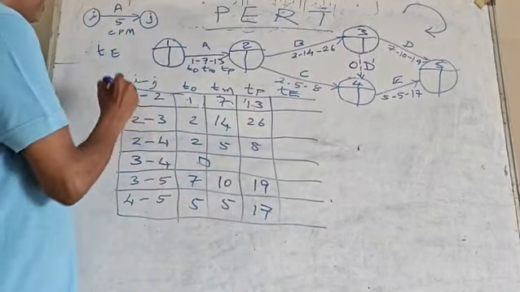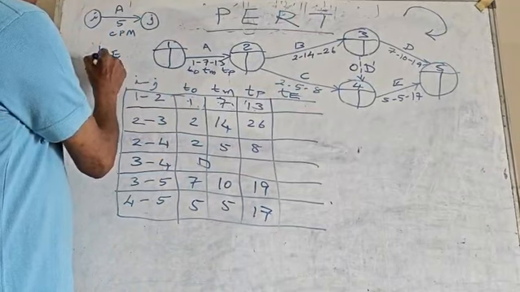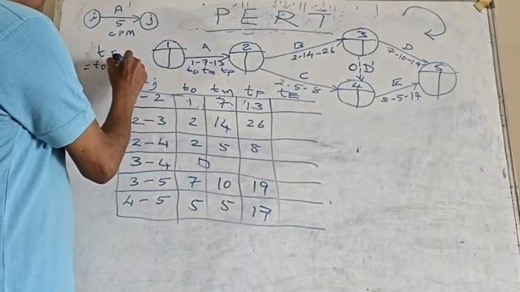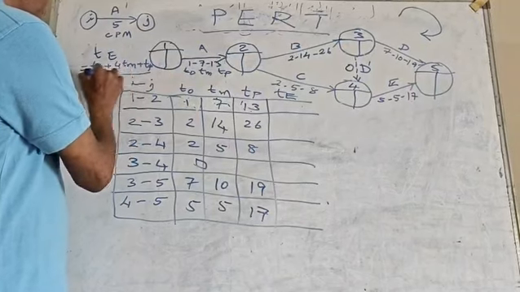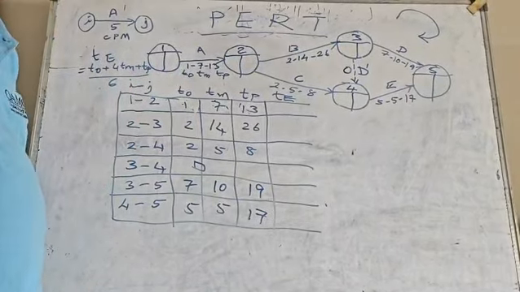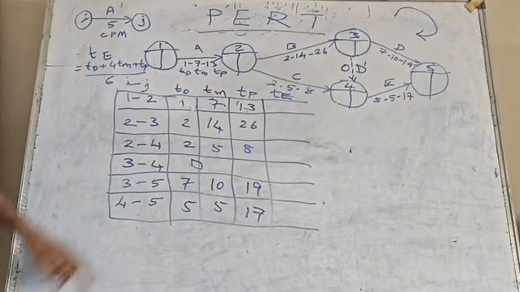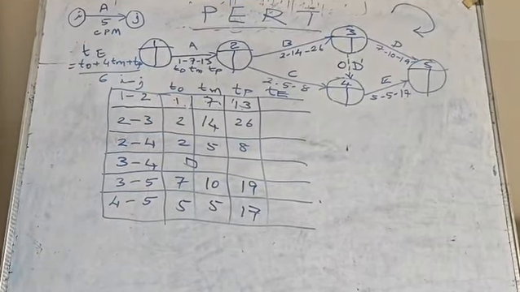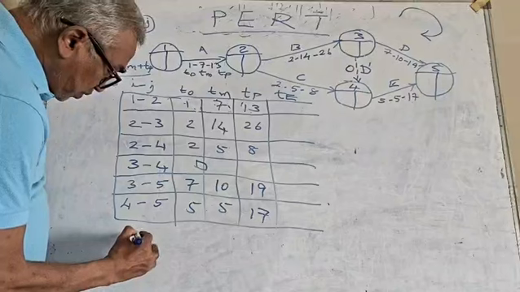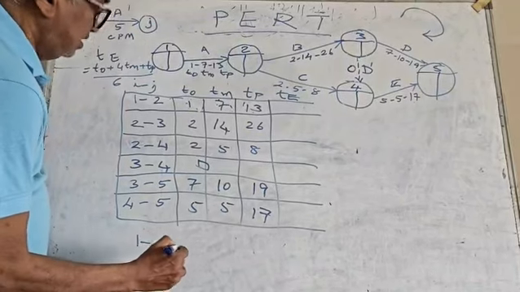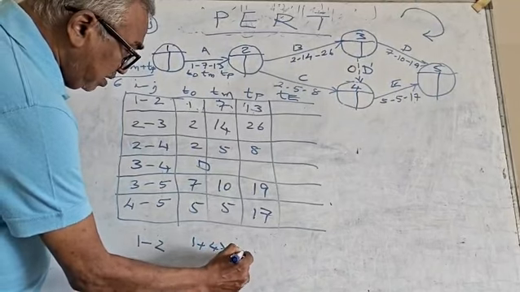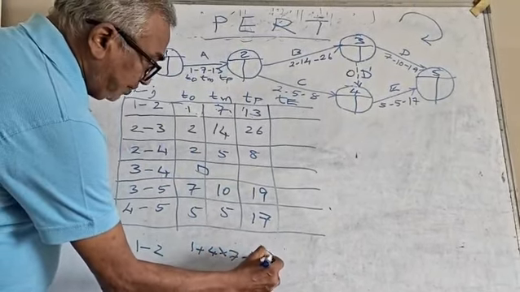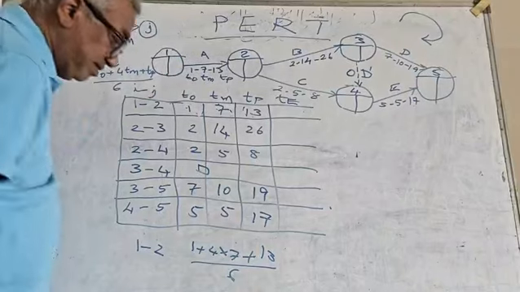What is TE? The formula I have given is T0 plus 4TM plus TP, divided by 6. Now using this formula, I will show one example for 1, 2. It is 1 plus 4 into 7 plus 13, divided by 6.